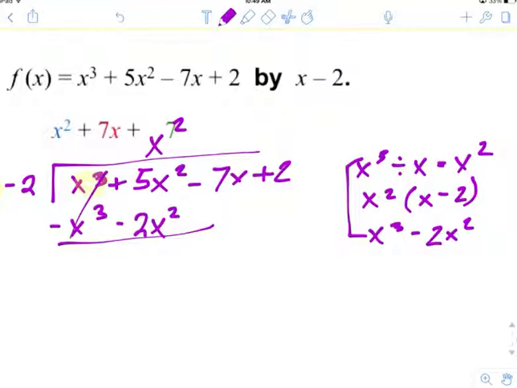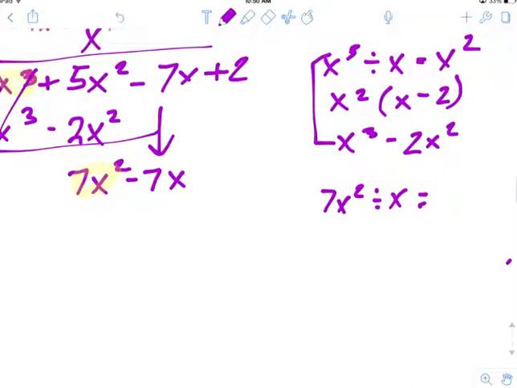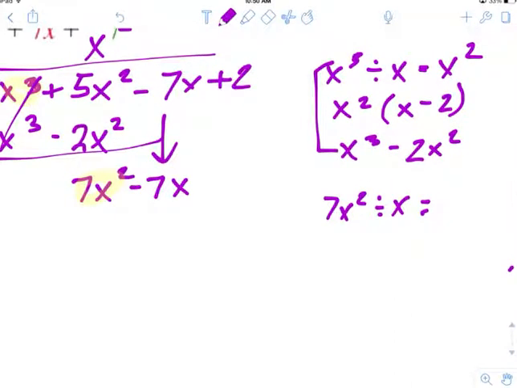First term gets canceled out. 5x squared plus 2x squared is 7x squared. And bring down my 7x, negative 7x. And then continue with the first term for this cycle. 7x squared divided by x equals 7x. 7x is my multiplication term.